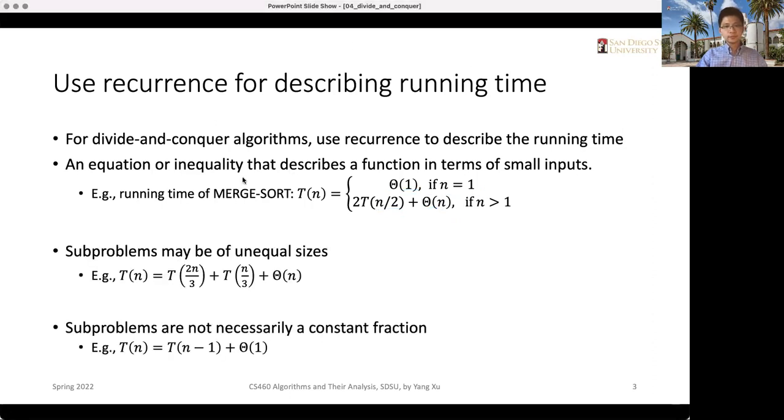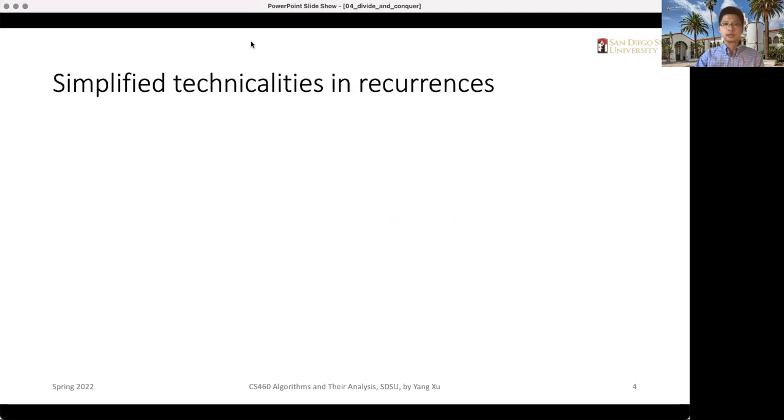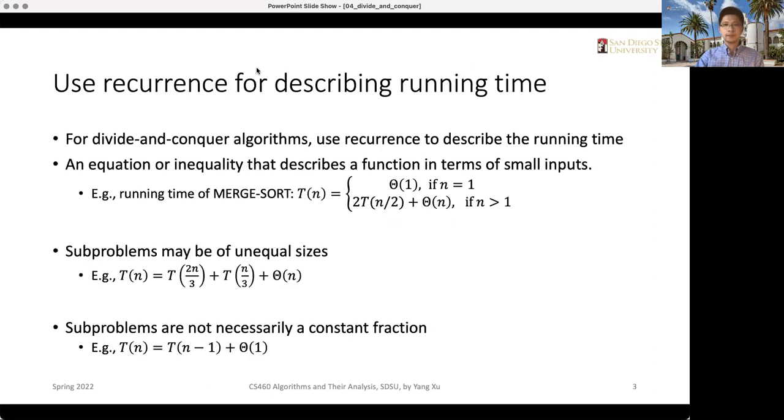All right, but sometimes we can have different forms other than a regular equation recurrence like this. Sometimes the division of sub-problems may be unequal sizes.